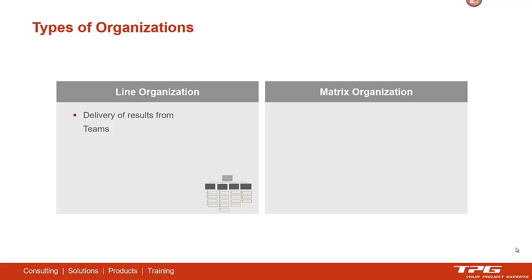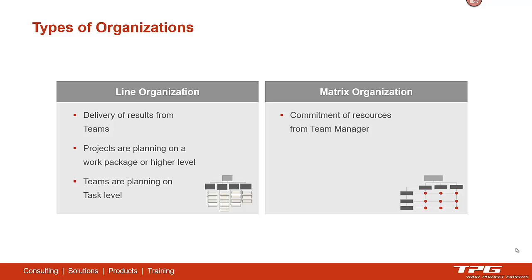results to projects. Projects are mainly planning on a higher work package level, and teams are planning on a detailed task level, but both of them are working in Microsoft Project. Differently in matrix organizations.